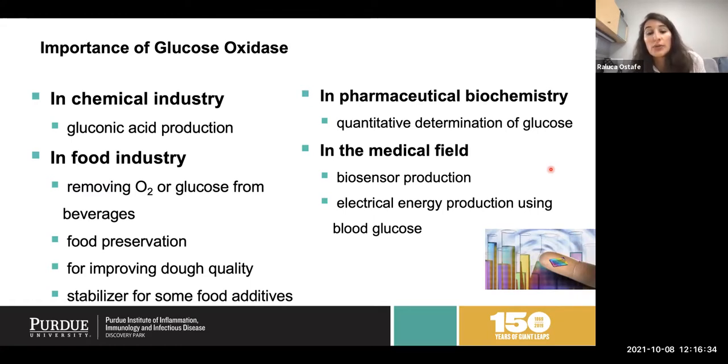It is actually used in the bread industry. So a lot of flours actually have glucose oxidase inside or other oxidases. But maybe one of the most known application is in pharmaceutical industry and medical field, where glucose oxidase is used on the strips that diabetics are using for determining their blood glucose.